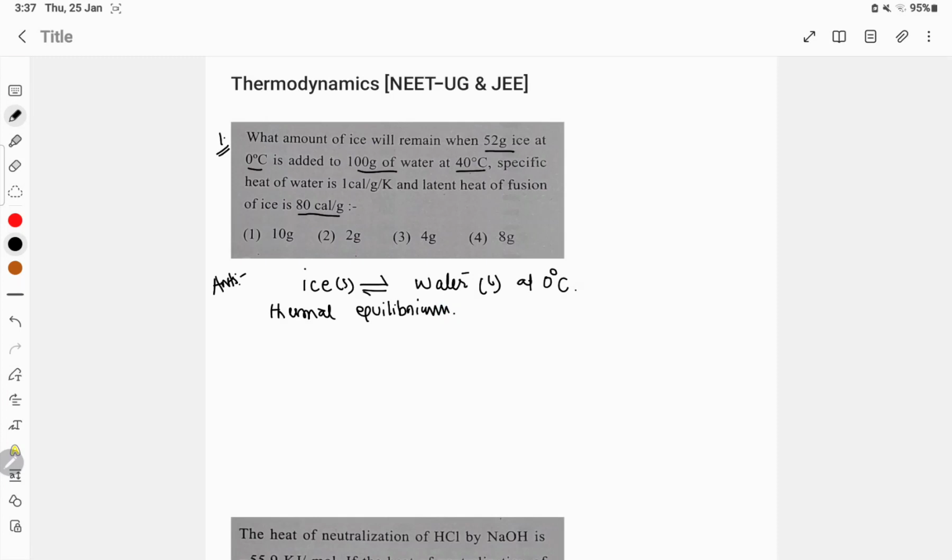At 0 degrees Celsius ice and water are at equilibrium. That is, at this equilibrium point, heat absorbed by ice will be equal to the amount of heat lost by water.